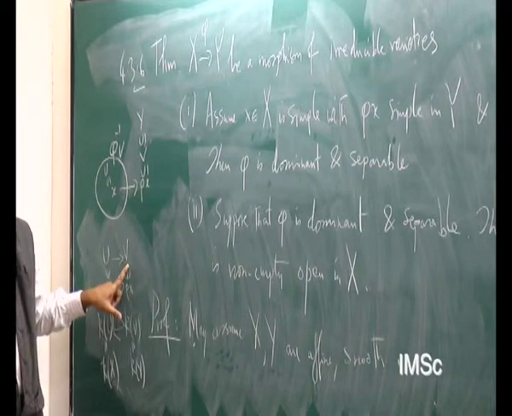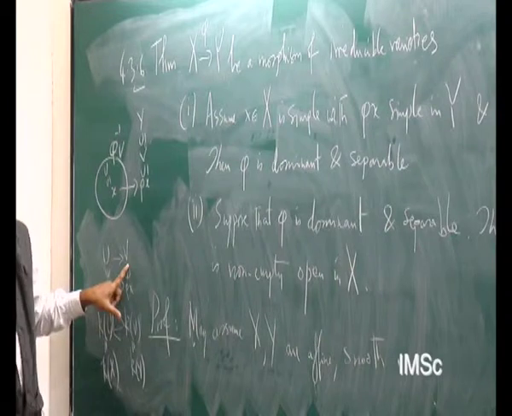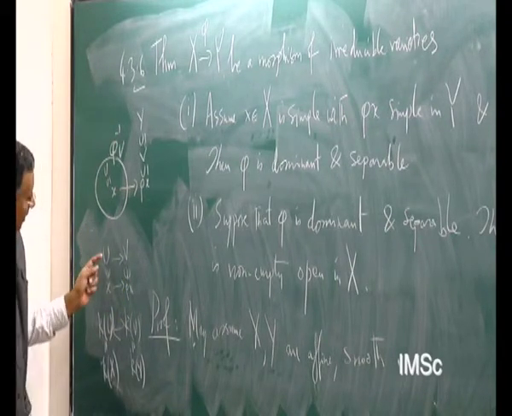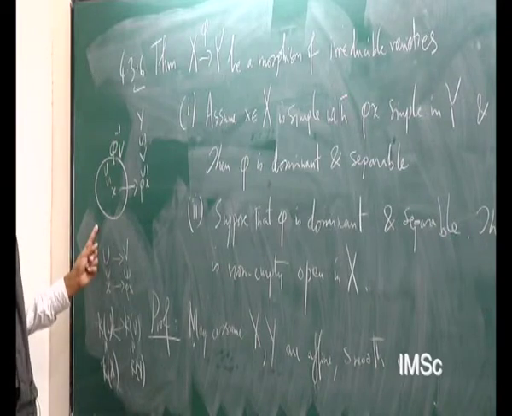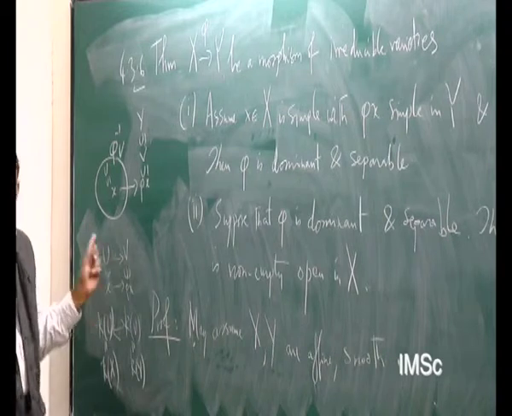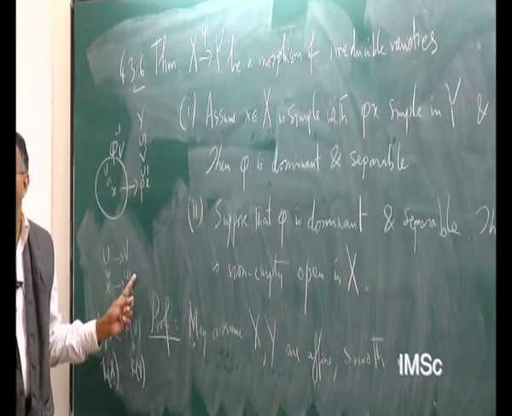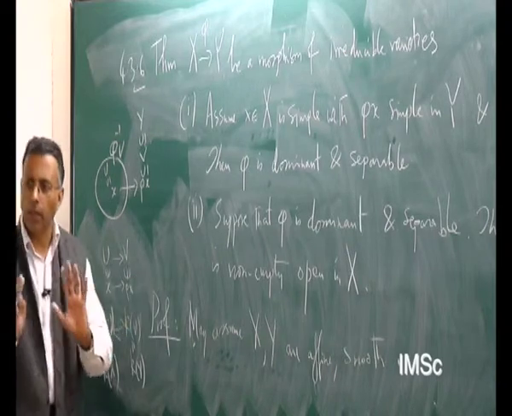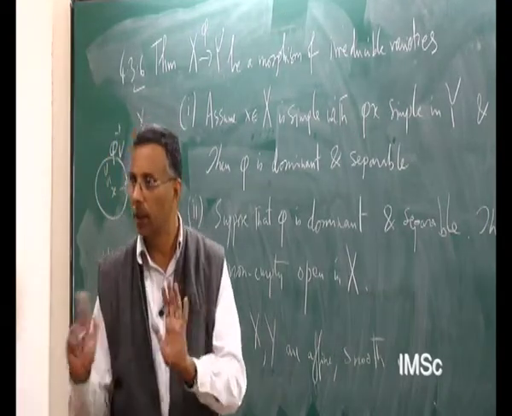Moreover, this is dense in X. So it would turn out that the image of X cannot also be dense in Y. There is a little bit to check, but that's easy to see.